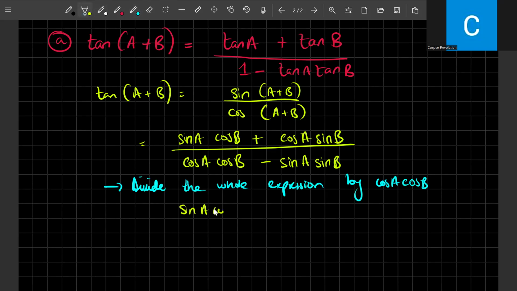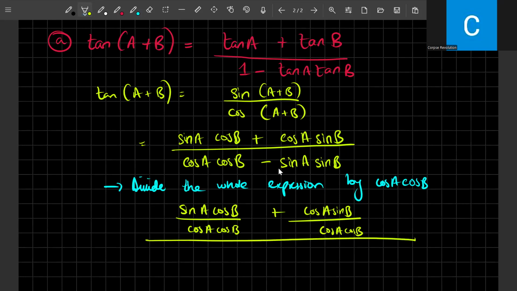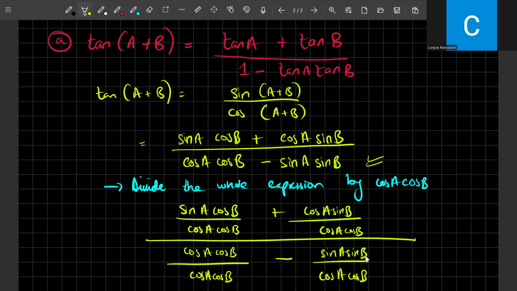Sine A cos B upon cos A cos B plus cos A sine B upon cos A cos B, and the whole thing, cos A cos B upon cos A cos B minus sine A sine B upon cos A cos B.